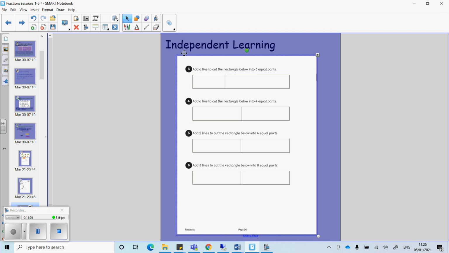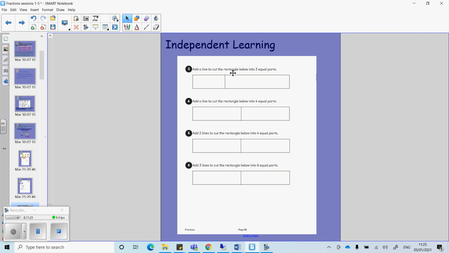On the next page, there are some questions about adding lines. So you need to draw a line onto the rectangle or rectangles so that they show the amount of equal parts in the question.